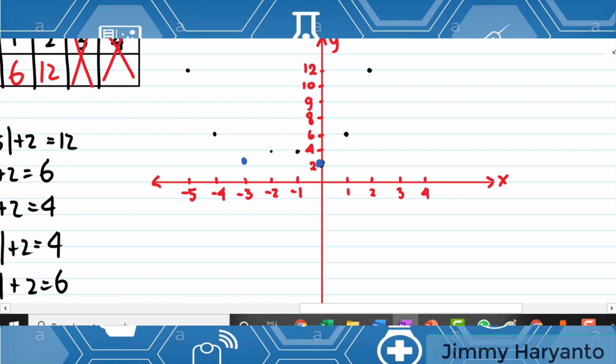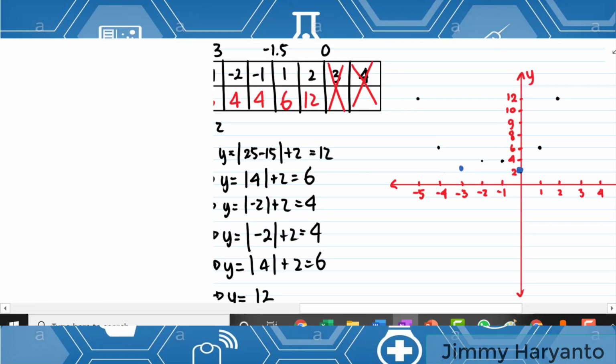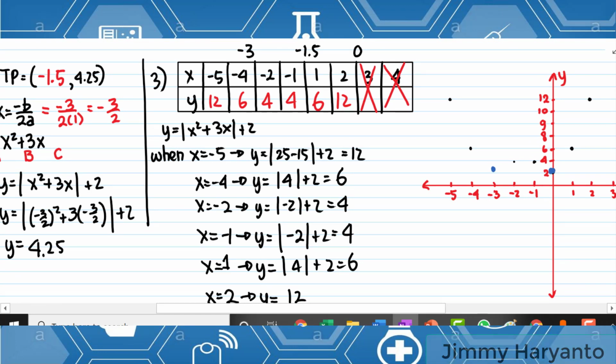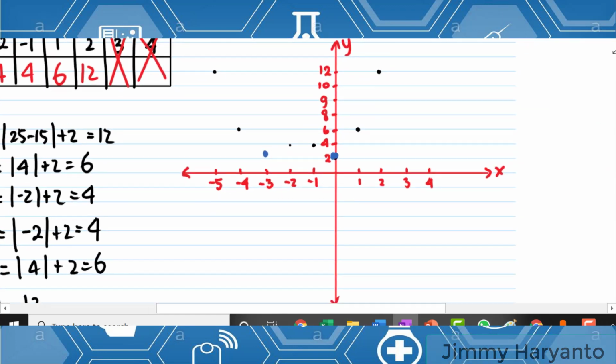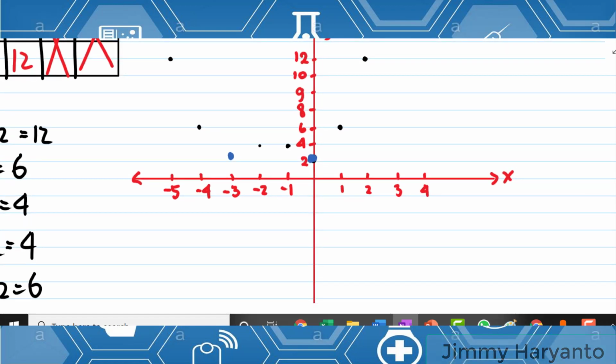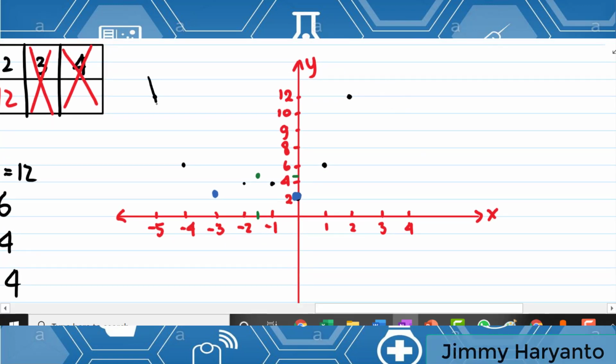And then the turning point is negative 1.5, 4.25, negative 1.5, 4.25 right there. Okay, now we have to join the dots using a curve like this, and then like that, and then like this. Yay, that is the graph.